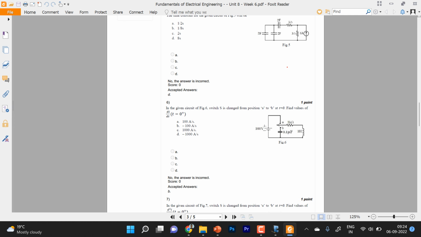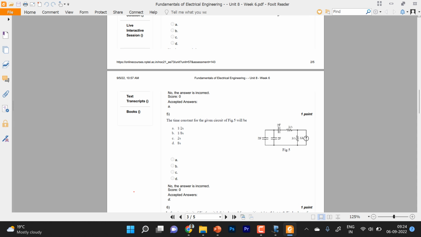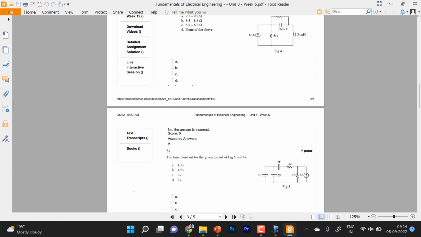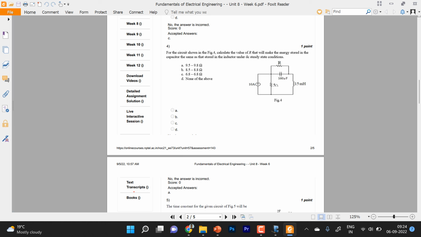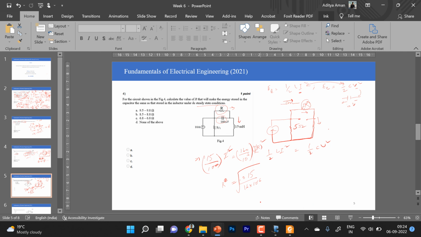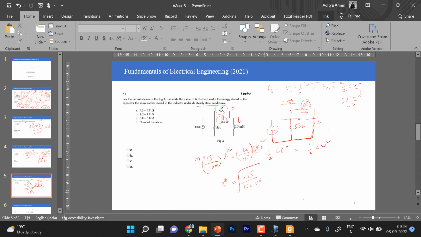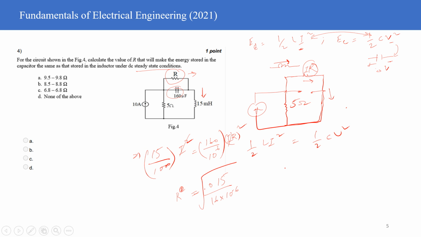Okay, the value of R will come out to be the accepted answer A, somewhere between 9.5 and 9.8, right? So if you solve this particular square root in a calculator, you will get option number A.